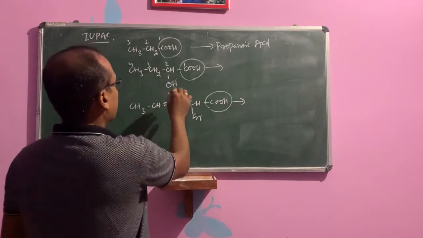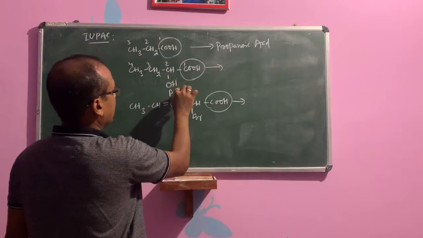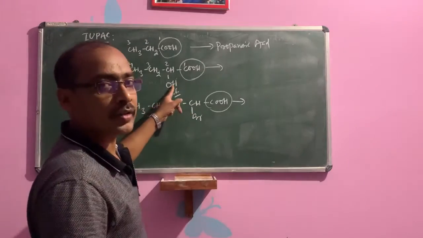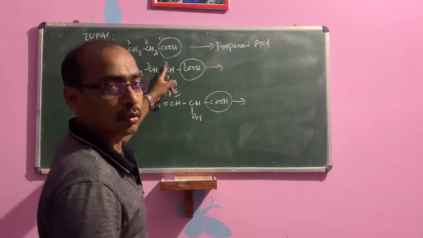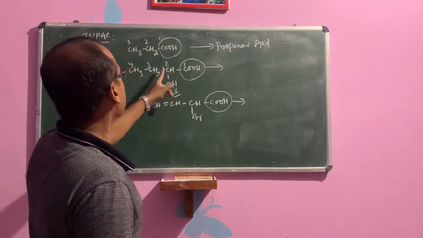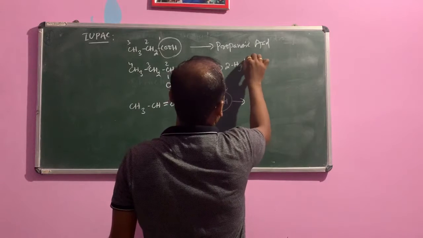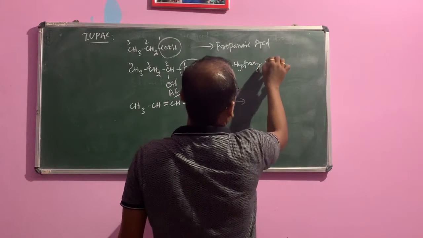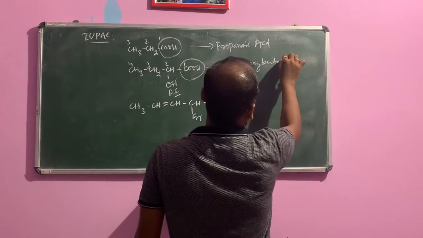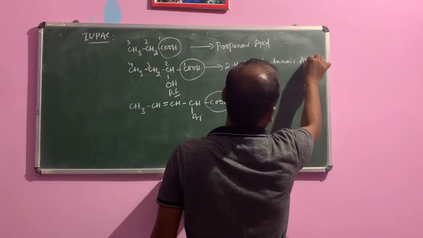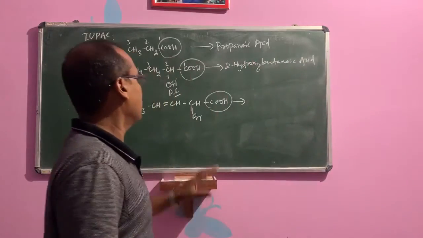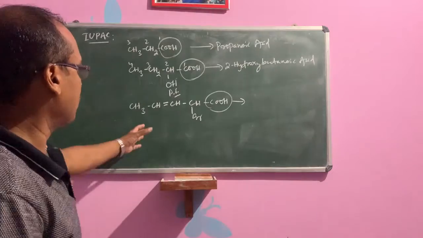Here OH is the prefix, hydroxy, at position 2. So 2-hydroxybutanoic acid.